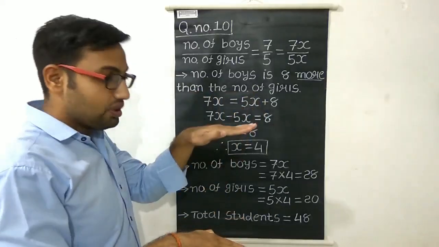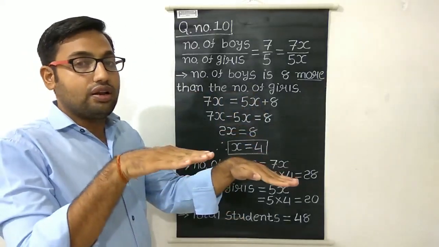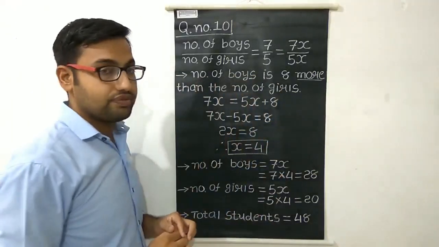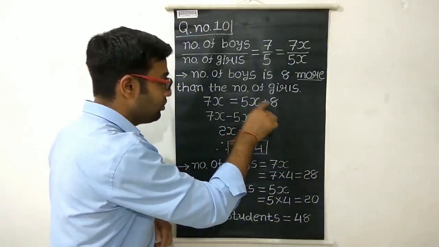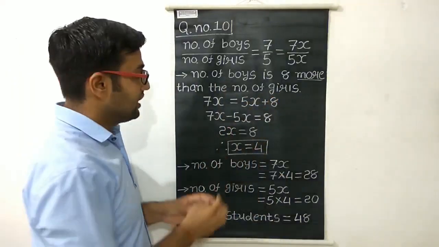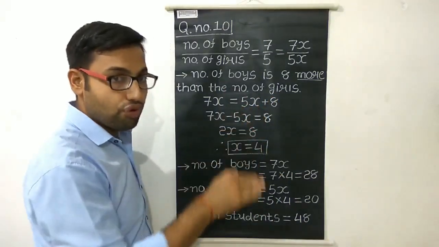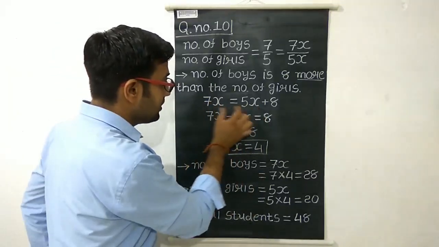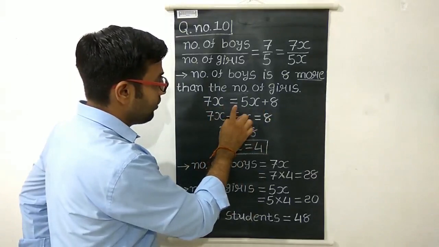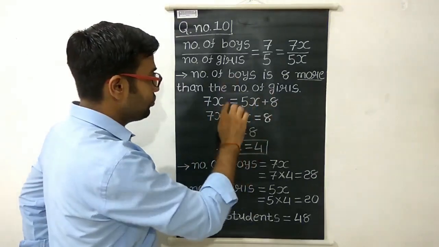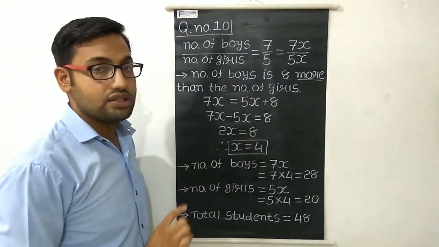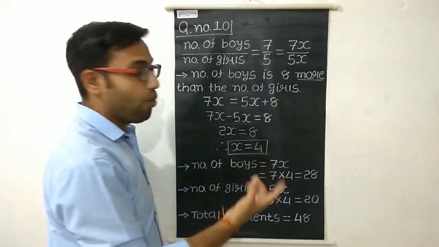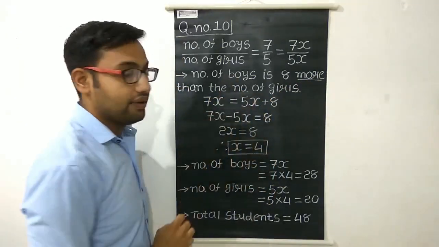To make both the numbers equal, we have to add 8 to the number of girls. Why do we add to the number of girls? Because this number is smaller and this number is greater. So to make both sides equal, we put plus 8 on the number of girls side. And the meaning of more is that we have to add.